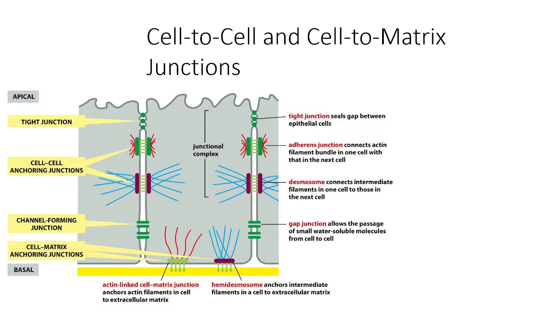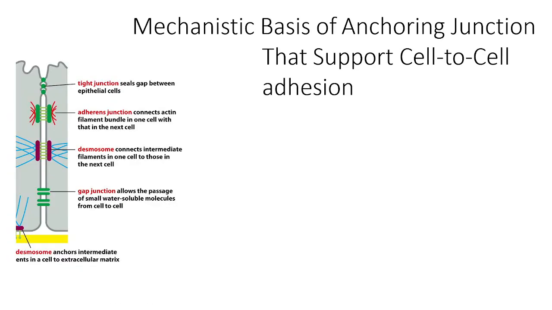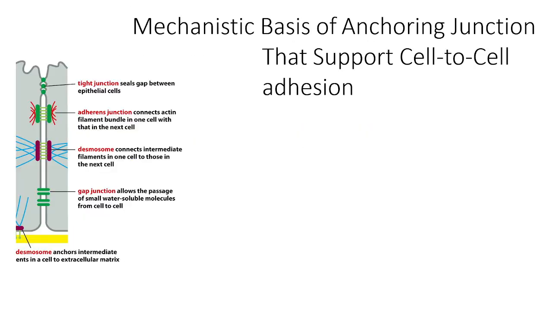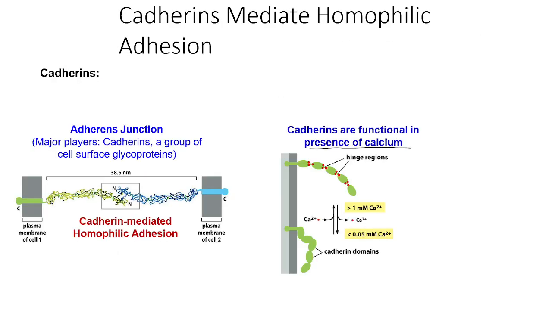The cell-cell anchoring junctions are mainly the adherens junctions and the desmosomes, and the tight junctions are also quite relevant. The mechanistic basis of anchoring junctions that support cell-cell adhesion is quite well understood. So we have discussed all of the five that have been specified.